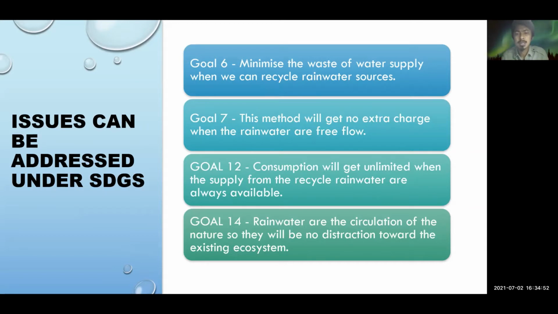Because we believe in Malaysia or any country, the main source of water supply is the river. So for areas far from the river supply, they have to absorb the operating costs and take time to transport the water by underground pipe and other things.